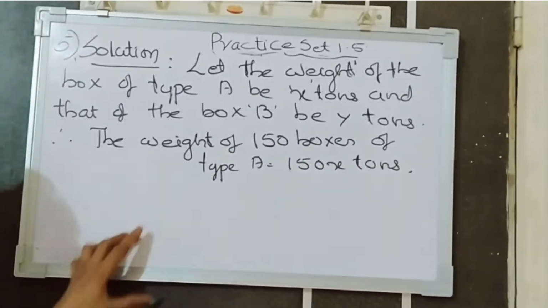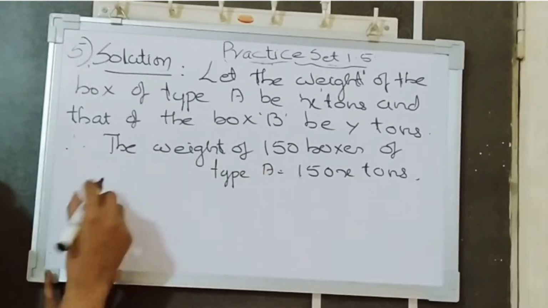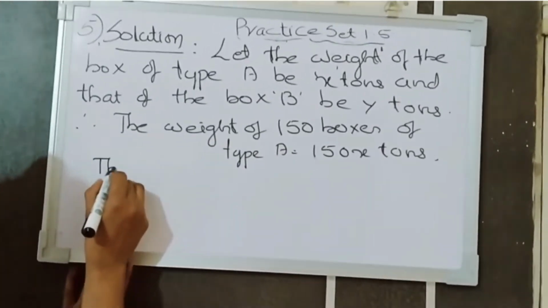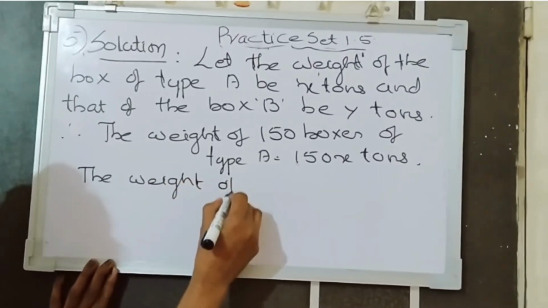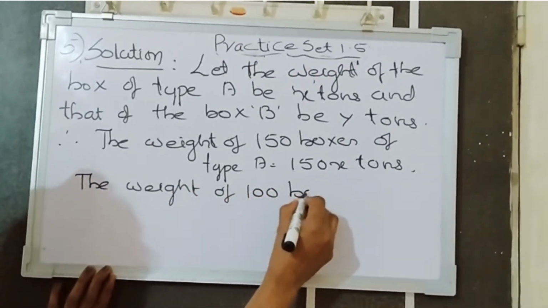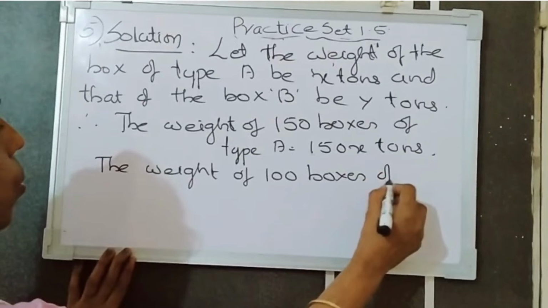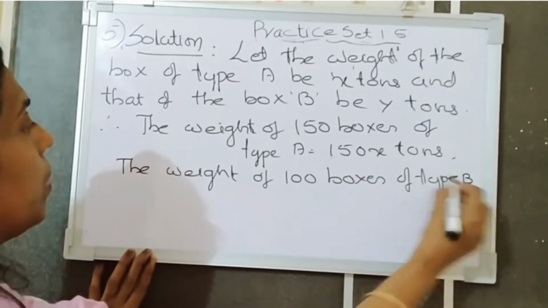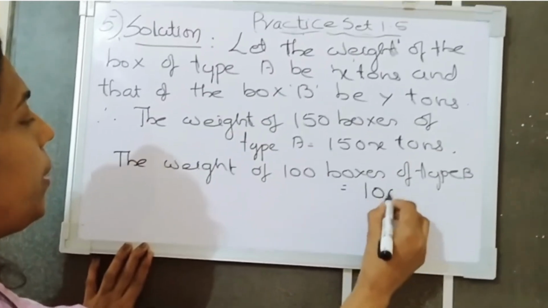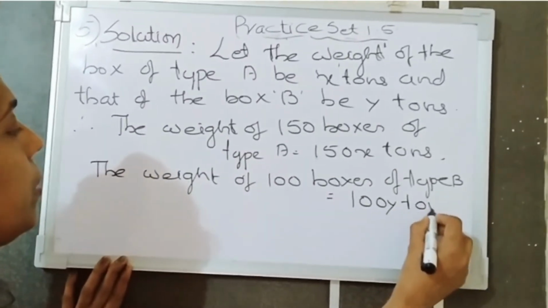And how many boxes are B? B is equal to 100 boxes. Therefore, the weight of 100 boxes of type B is equal to 100y tons.